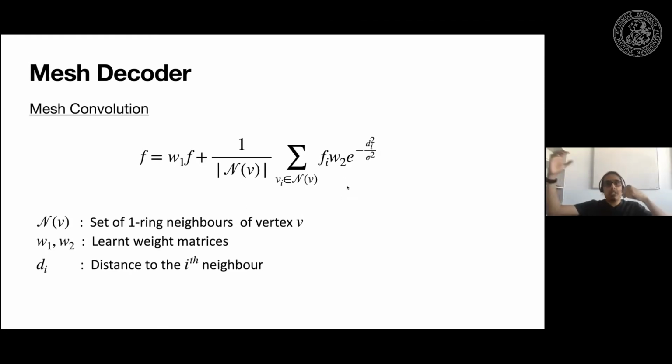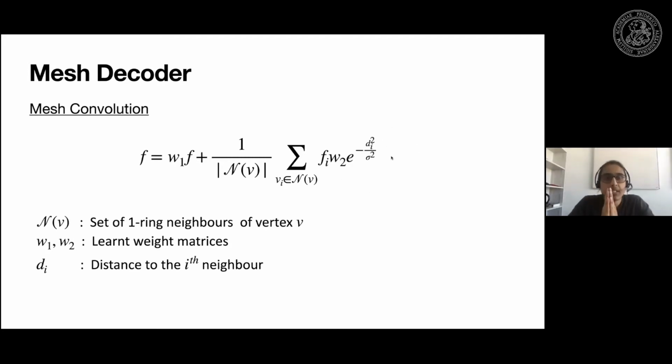You need to get information from the neighborhood. You need to have this term. So basically you have one weight vector that determines the contribution from the feature vector associated with the vertex, and then you have another weight matrix that determines the contribution from the neighbors.